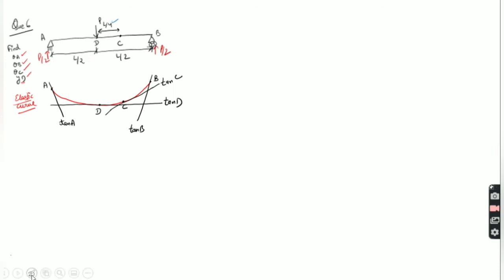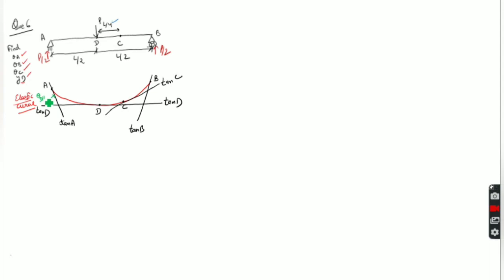Now I will draw some angles here. This is tangent D and this is tangent A, right? So the angle between these two is theta DA.